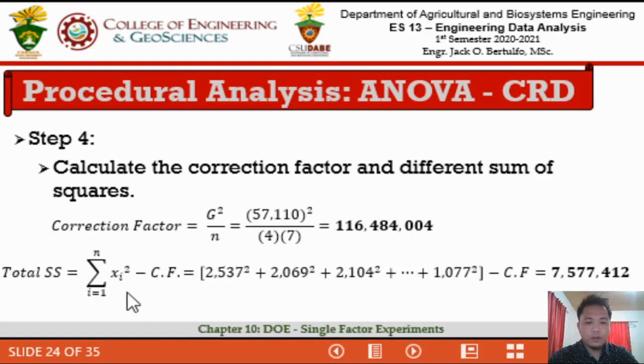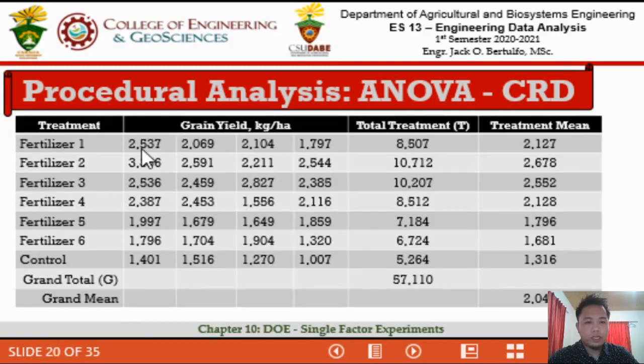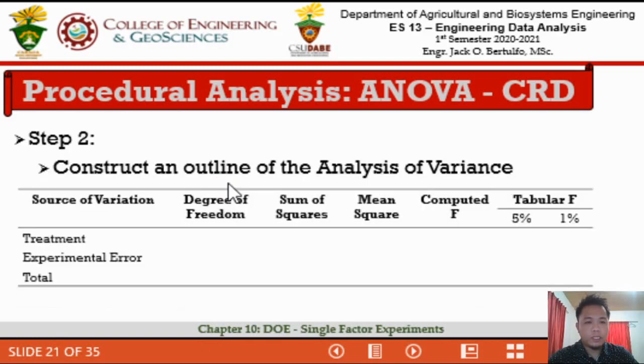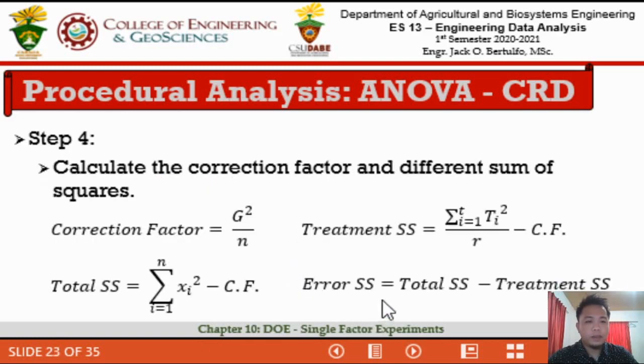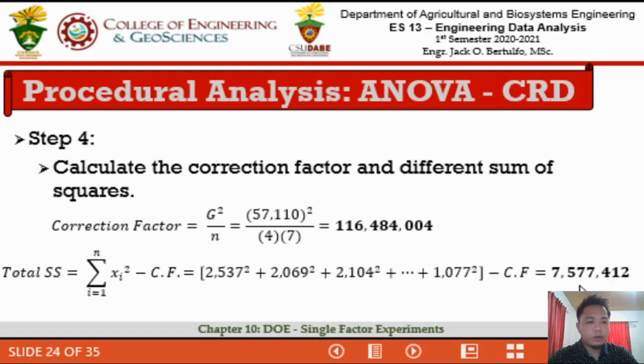Follow this formula, that it is just the sum of the squared of every experimental unit. Okay, so i-squared ni tanan kani tanan dire, isum, i-add dayon, then minusan din mo siya sa correction factor, which is CF. Then nakay total SS nga 7,577,412. So we have the total SS.